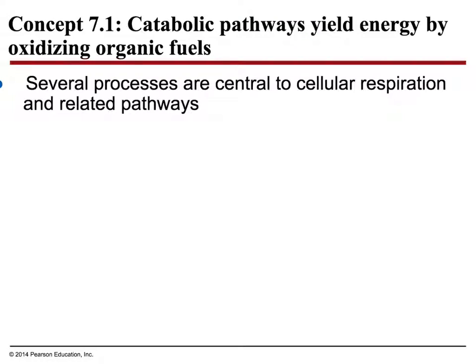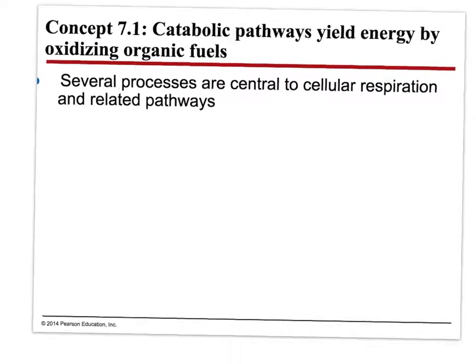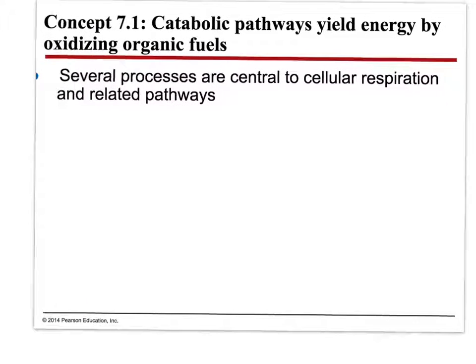All of this is just a transformation of light energy into usable cellular energy, and eventually it leaves the system as heat. All right? So, we're going to talk about the catabolic pathways that allow cells to harvest energy. Okay? And cellular respiration is what we call an oxidation reduction process.